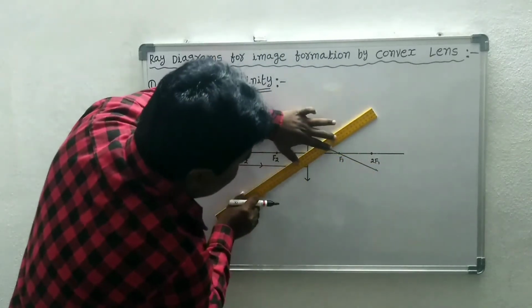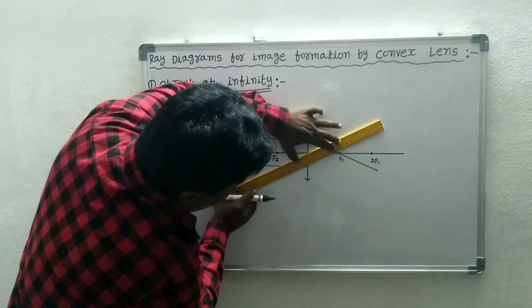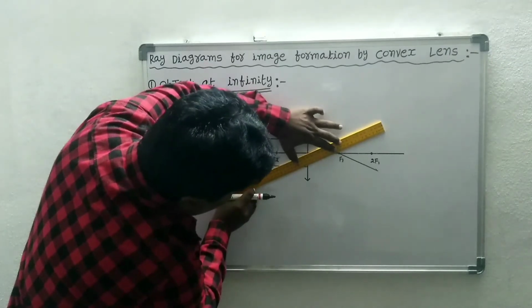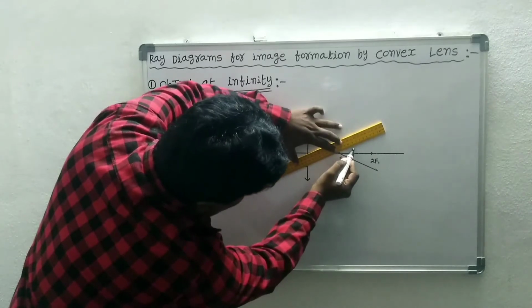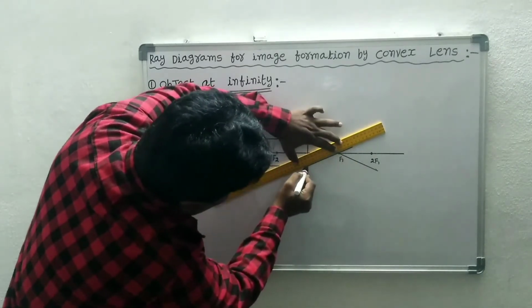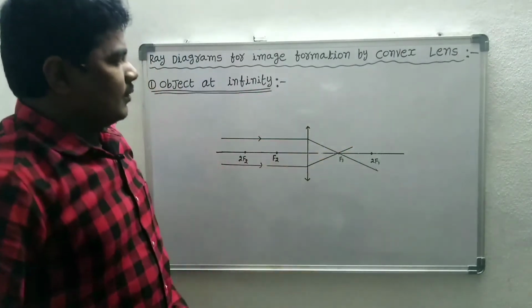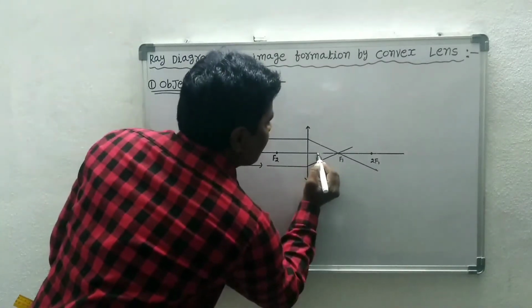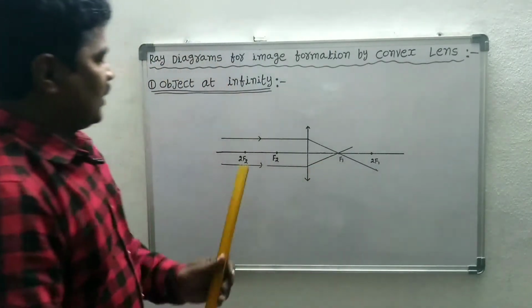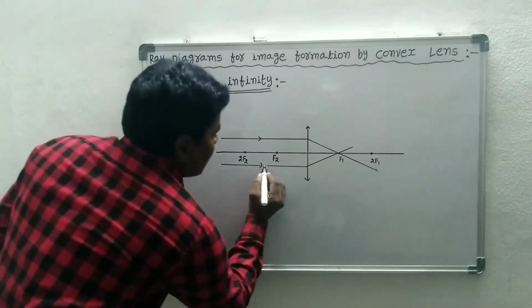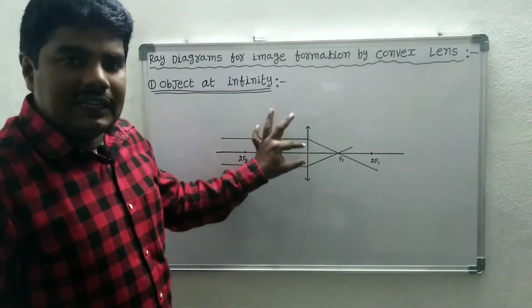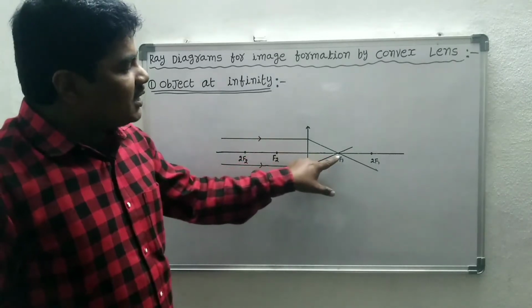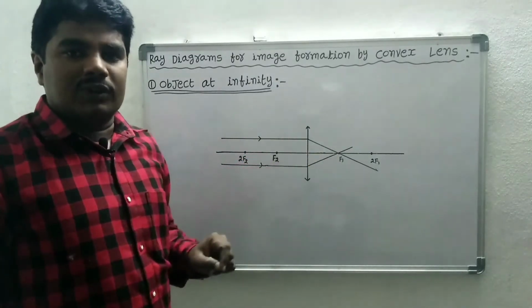And here also we take another light ray. So like this, the light rays passing parallel to the principal axis are deviated and converge at the principal focus.